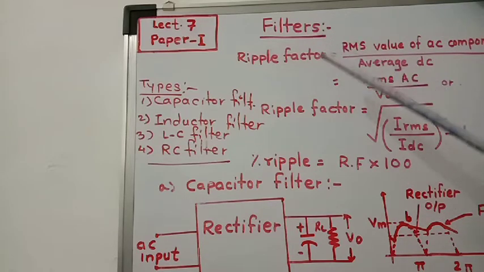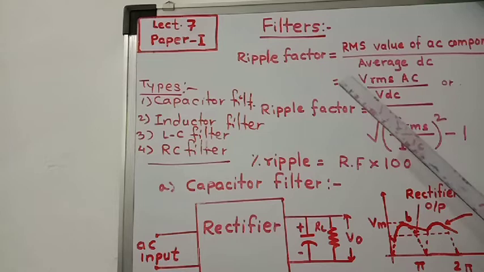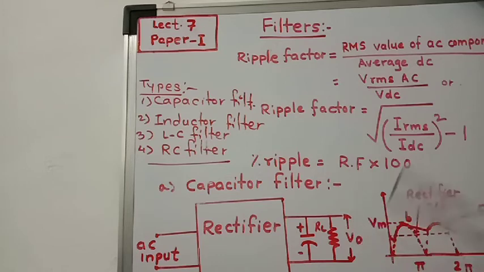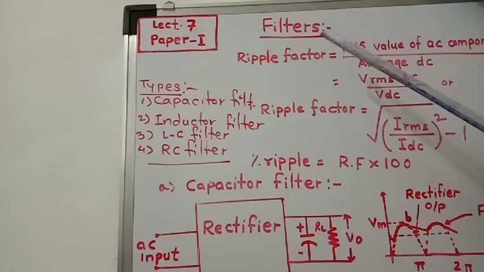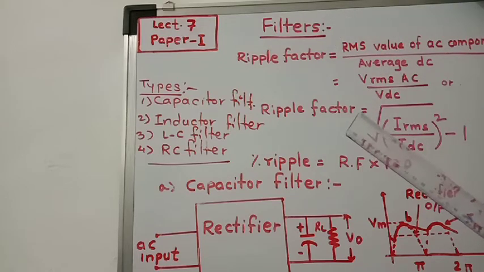So the ripple factor describes how effectively the AC input power is converted into DC power.